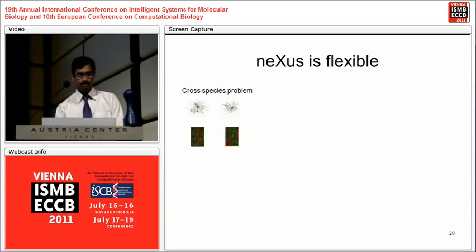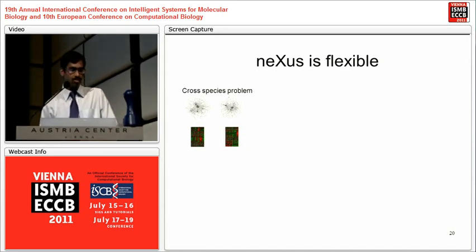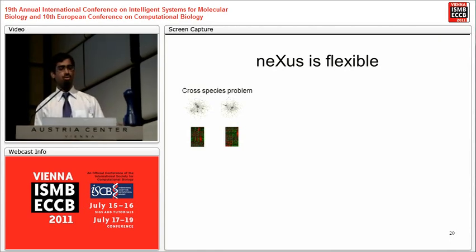So I have discussed my cross species problem where we integrated functional linkage networks with expression data. I would like to tell you that this is not limited to expression data or functional linkage networks.